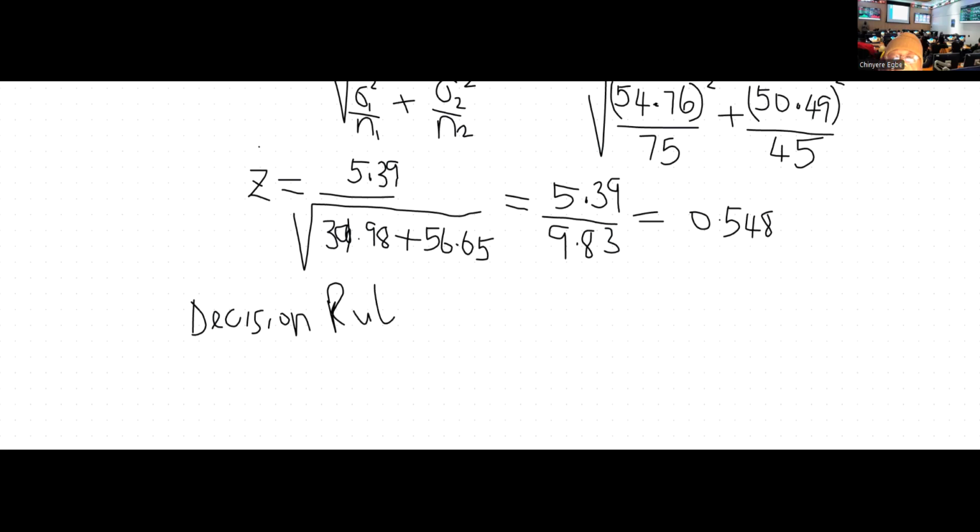If Z is greater than or equal to Z star, that means we reject the null hypothesis. Am I correct?